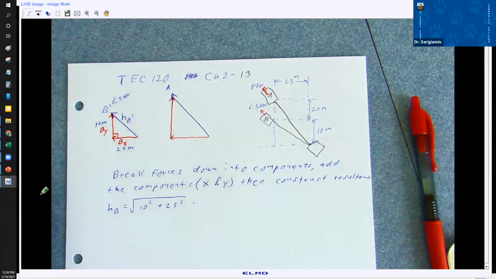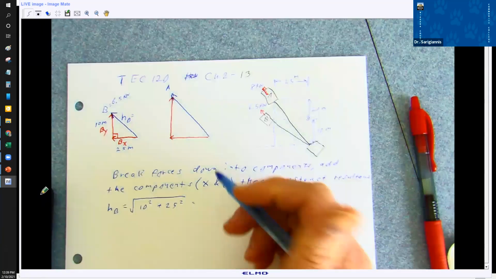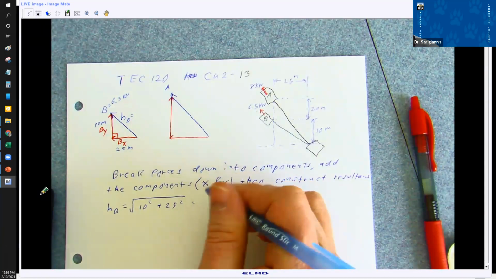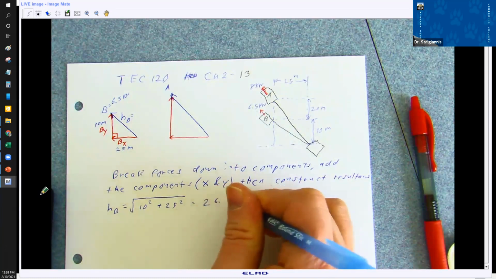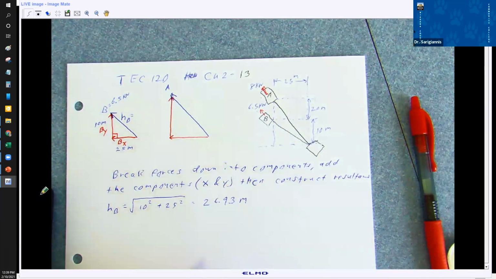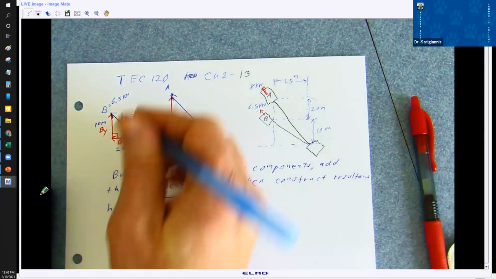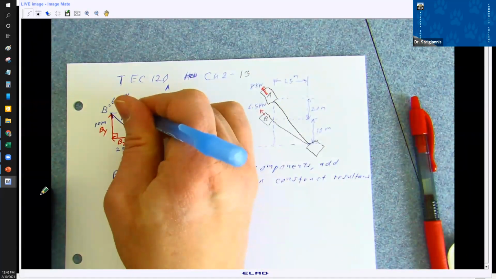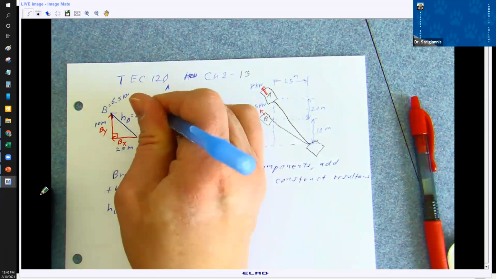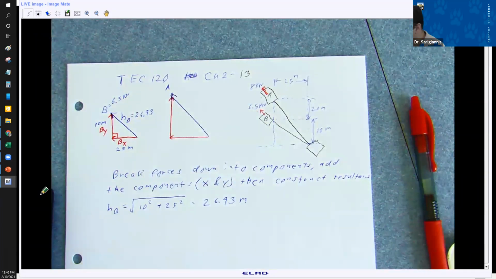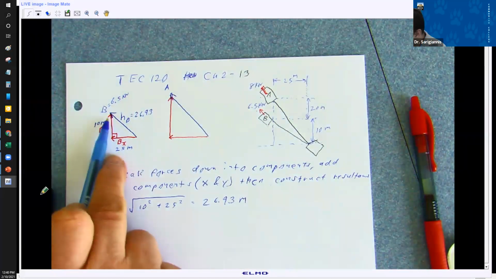And this is going to give me 26.93 meters. Now I'm rounding. It actually goes on and on. This is the B hypotenuse. I'm going to write this in up here, 26.93, right? And I know the force.